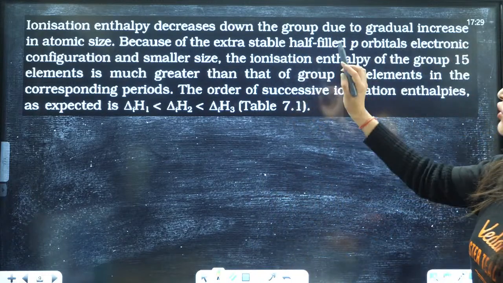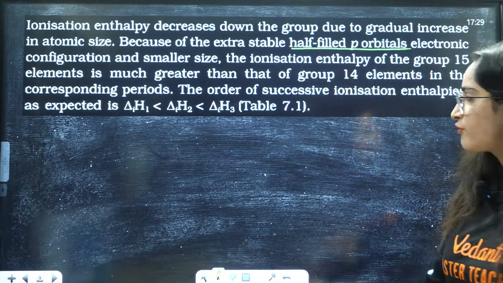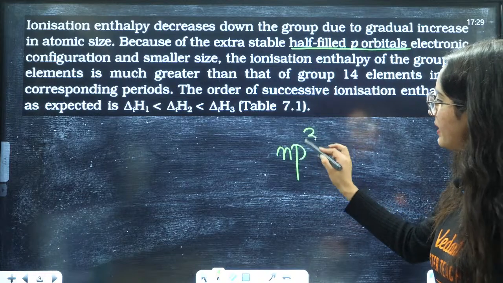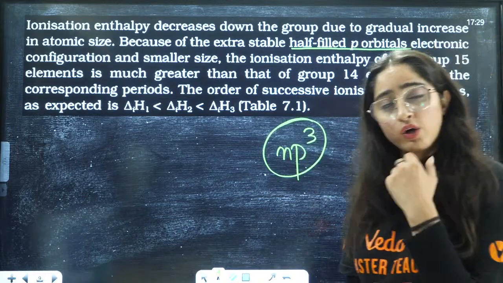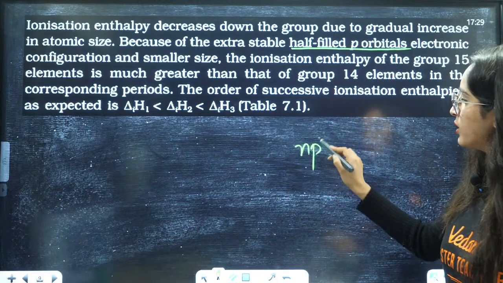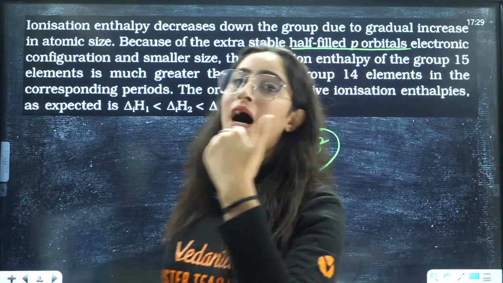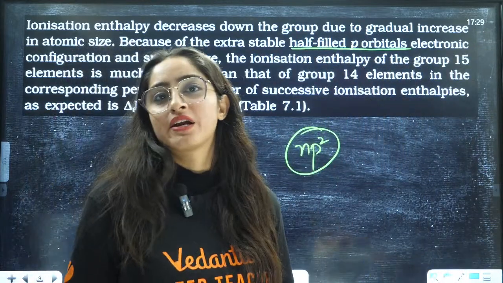Because of the extra stable half-filled p orbital electronic configuration, you have np3, which is stable. Now if you take out an electron, it will become np2, right? This is the reason that, as compared to other groups, its ionization energy is more.